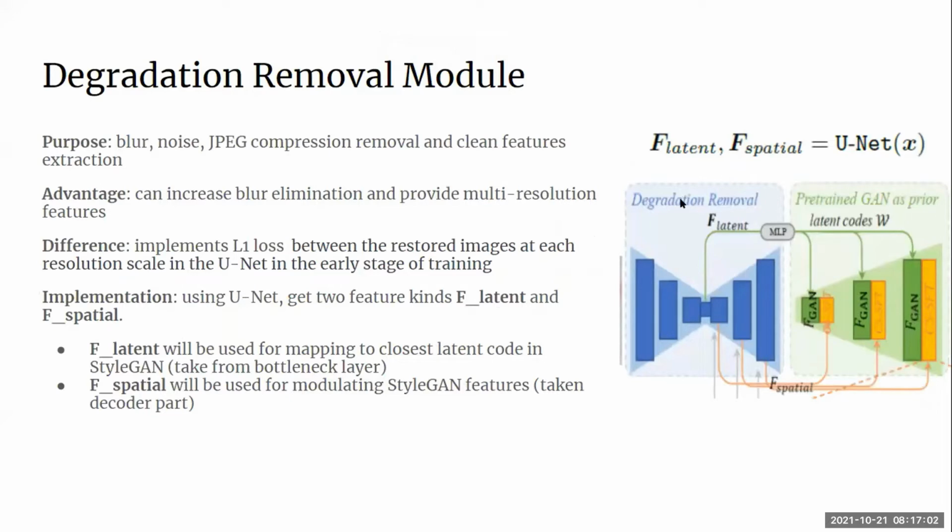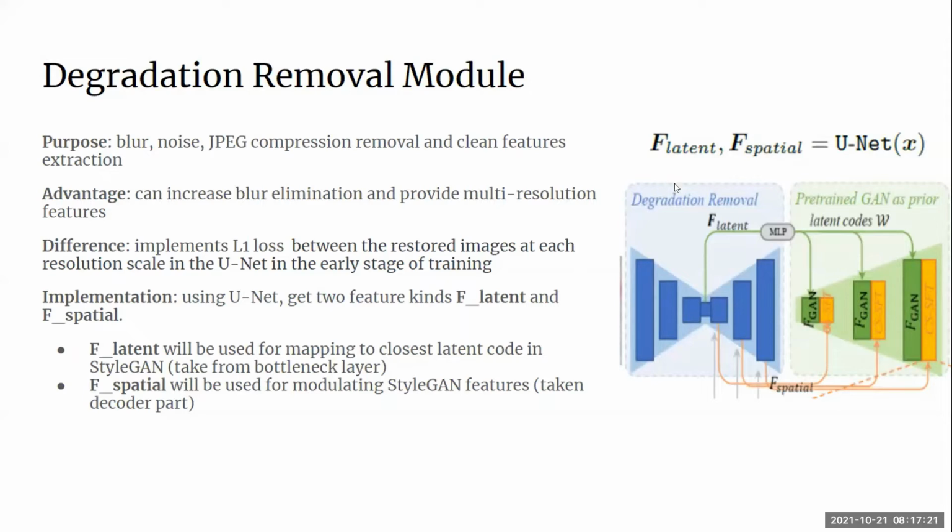If you ever heard of UNet, they used UNet for this. UNet is basically an autoencoder type of model, but with skip connections, and it was first used for the medical field.